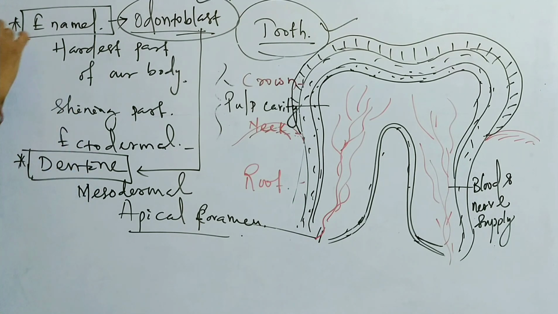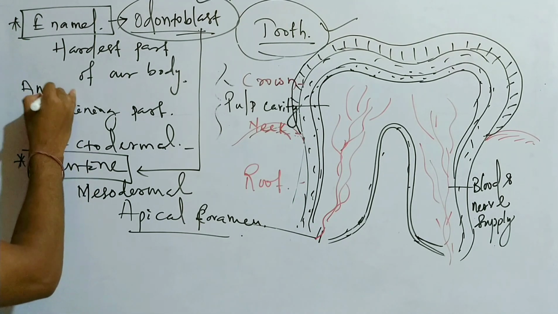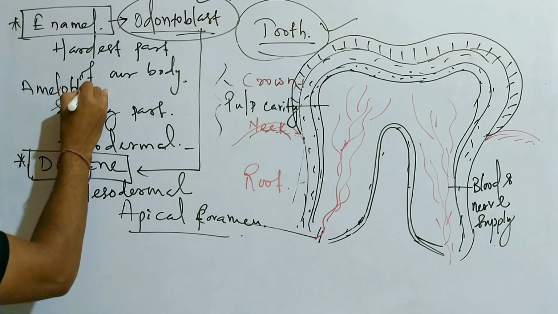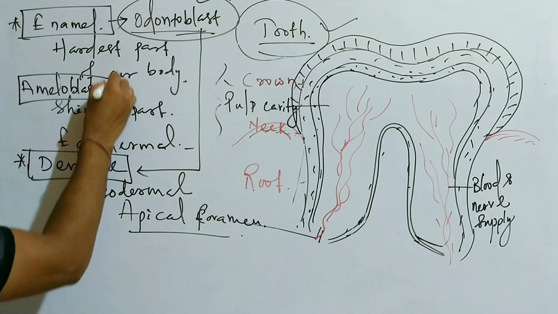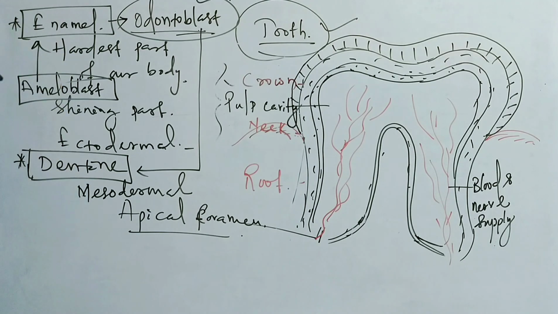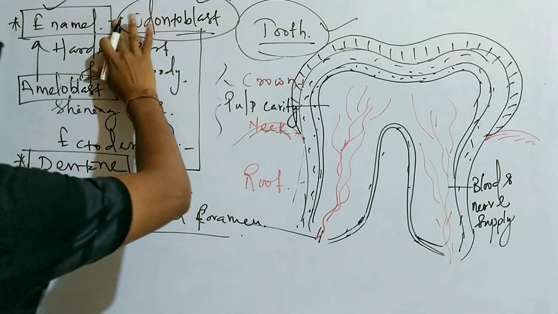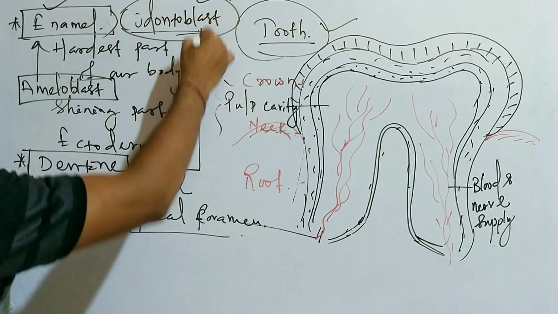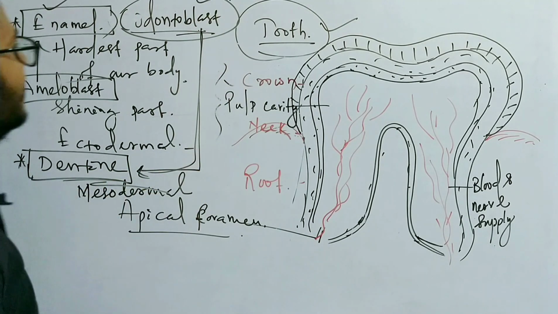It is the layer of cells. Ameloblasts are the cells that help in the formation of enamel, and odontoblasts help in the formation of dentine.